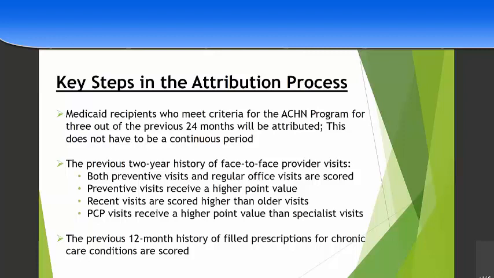The previous 12-month history of filled prescriptions for chronic care conditions is also scored. If the recipient was on an asthma medication and normally got those filled, it counts towards that attribution.